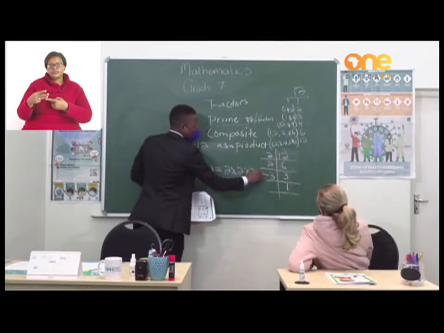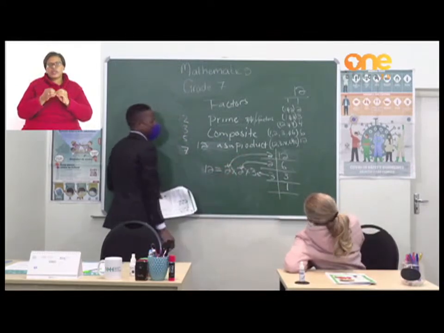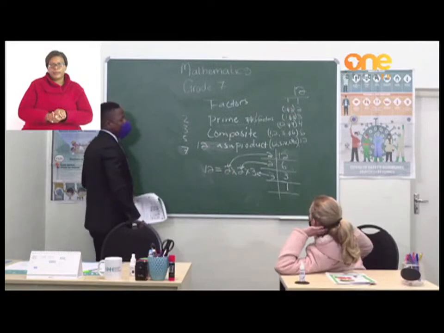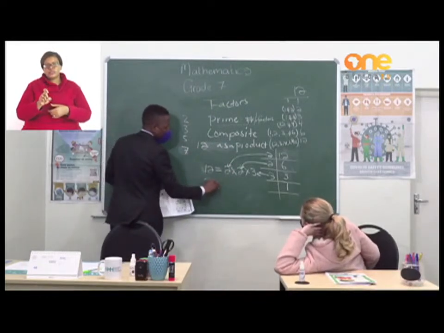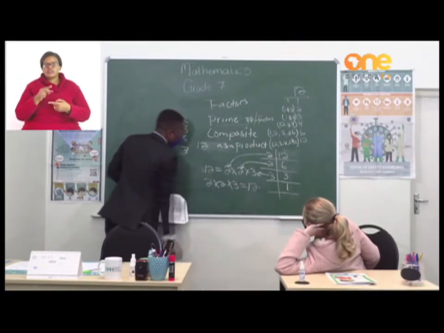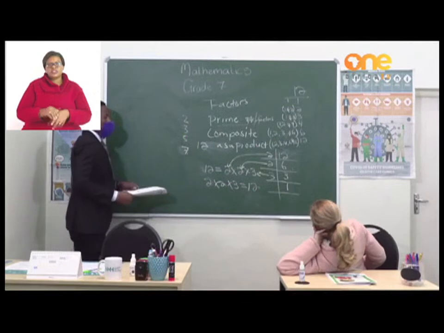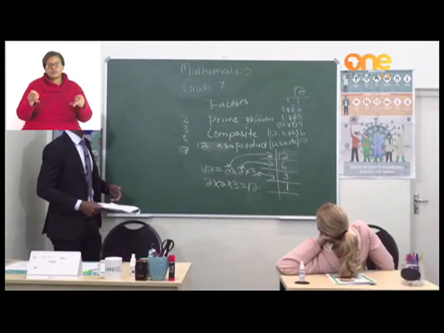So this came from here, there. In that way, you have answered the question, or you can write it 2 times 2 times 3 gives you 12. Still the same. And that is how you write a number as a product of prime factors.